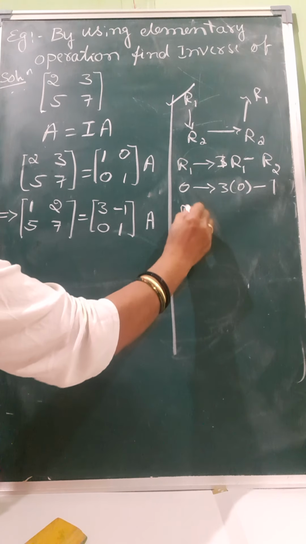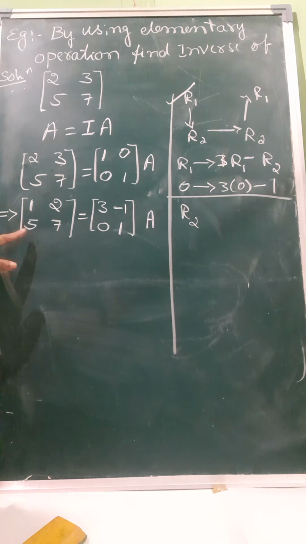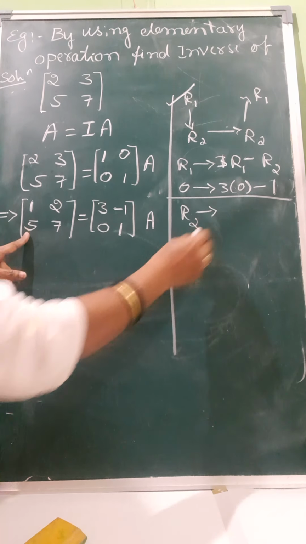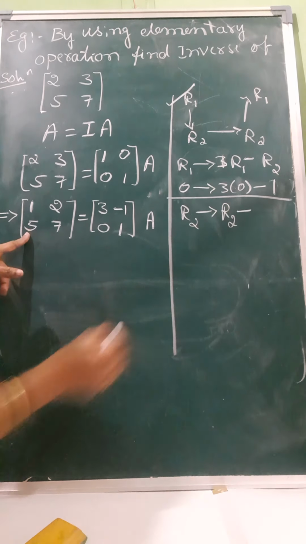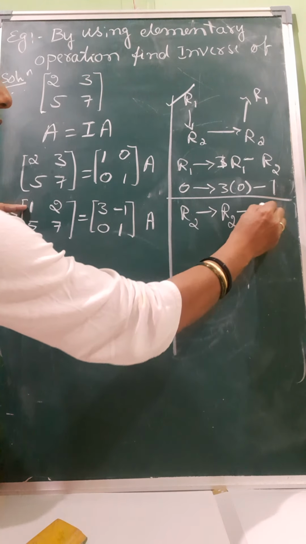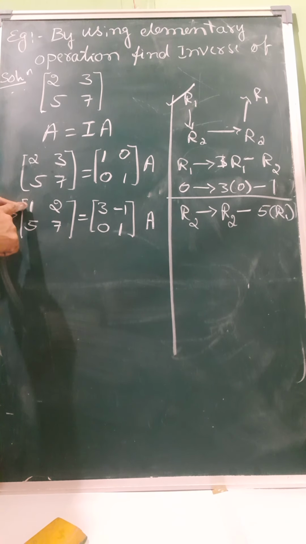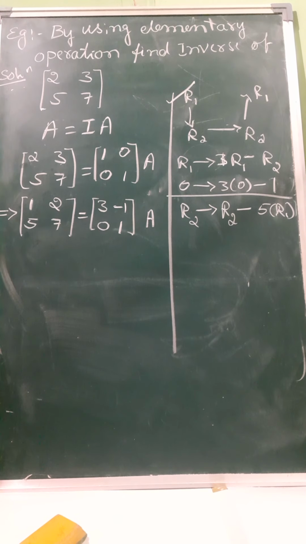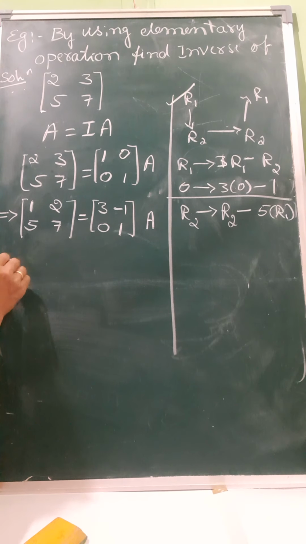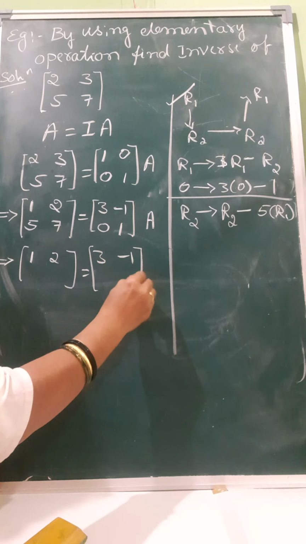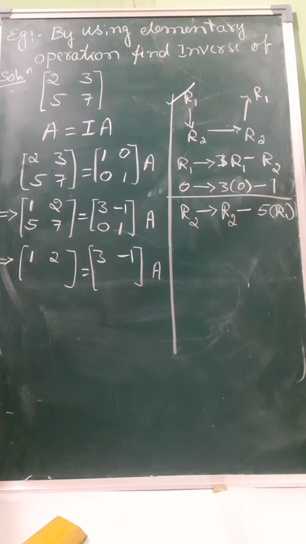Next we come to R2. 5 changes to 0. How can it change? R2 minus 5 into R1. Here R1 is 1, 5 into 1 is 5, 5 minus 5 is 0. So R1 is as it is, and R2 elements change for both the matrices.